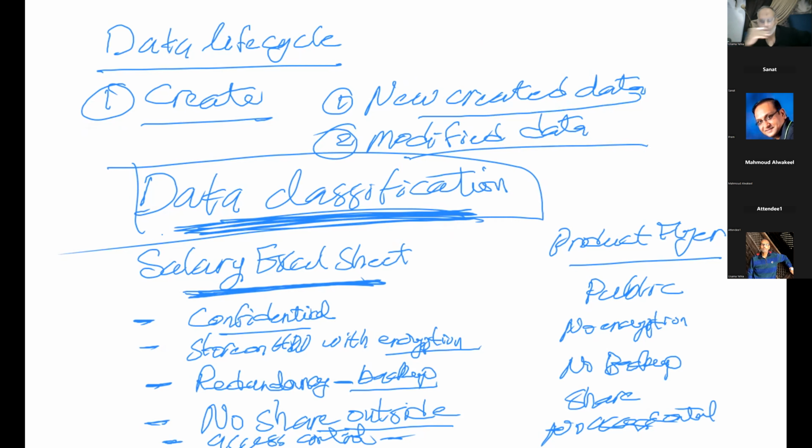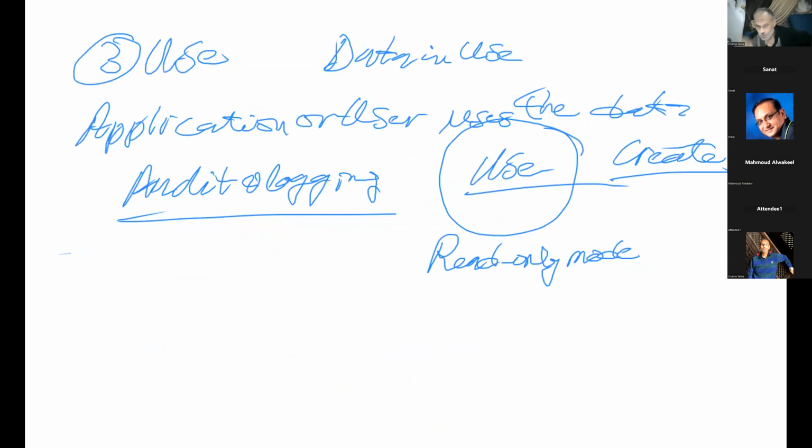In use, when you are modifying it on the fly, what will happen? The modification of the data could probably change the classification of the data. That's right. This is the answer which I want to hear. Because when you change the data, it may change the classification of the data as well.